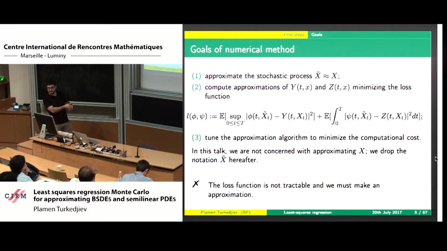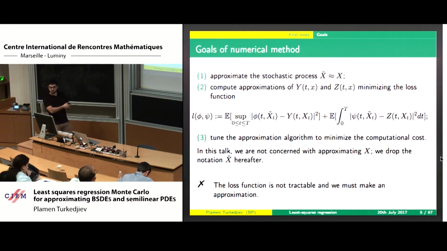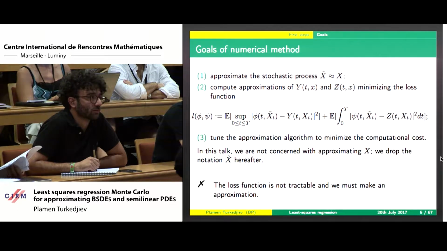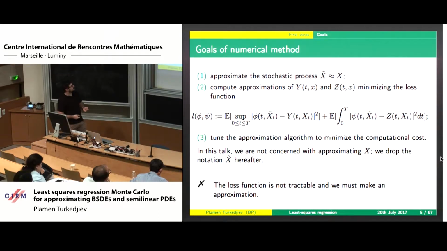And this norm is the natural norm for which one proves the existence of backward stochastic differential equations. So it's an L2 norm, both in space and probability measure. And the final thing which is important is to tune the algorithm that we develop for approximating y and z to minimize computational costs and to actually make it tractable.